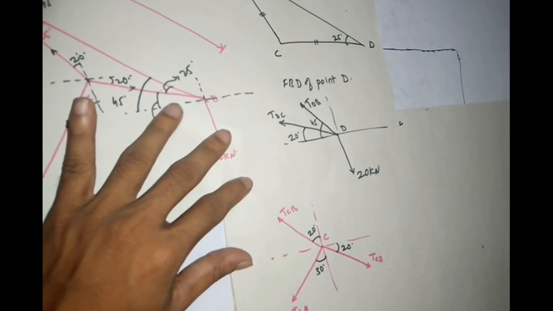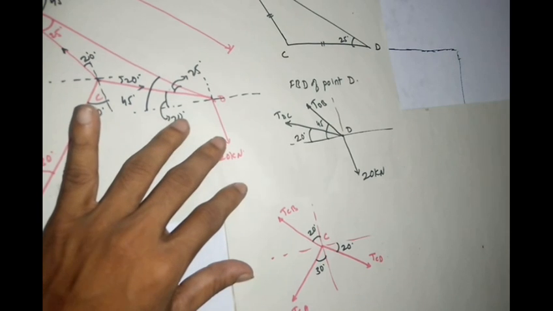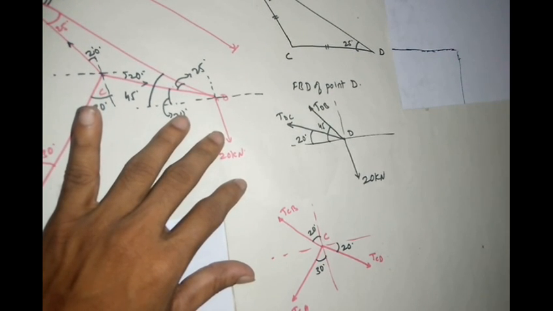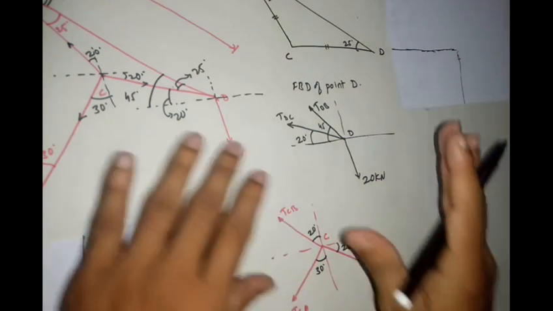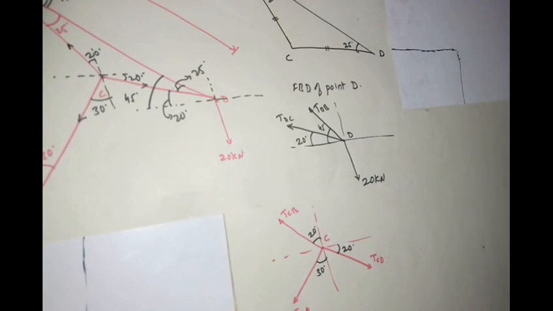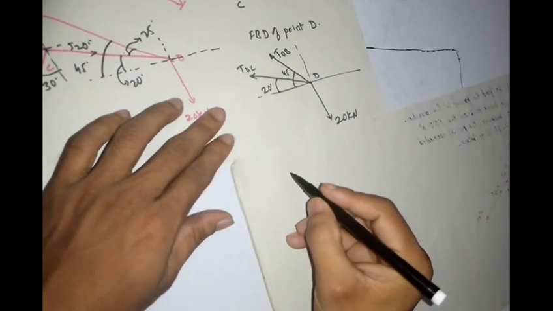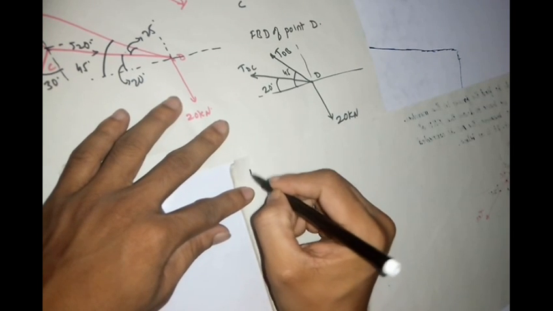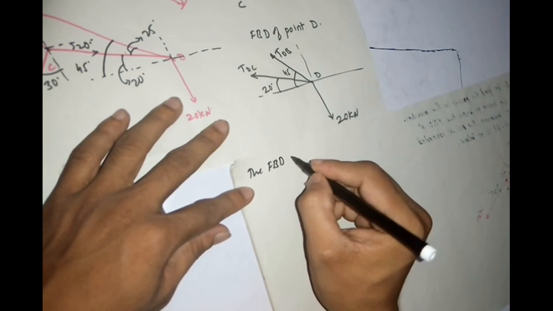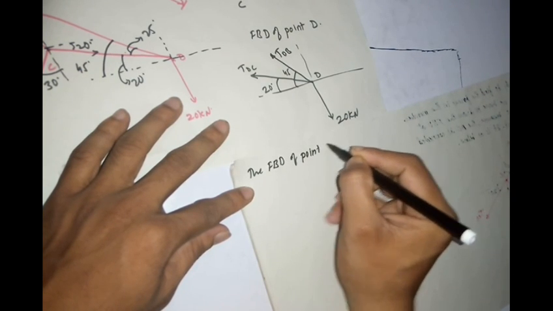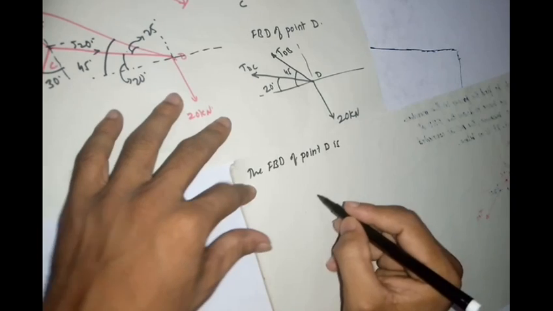Our available equations for the concurrent force system are 2: summation of H equals 0 and summation of V equals 0. So first I start with point D. The FBD at point D we have already drawn; I am drawing it one more time.